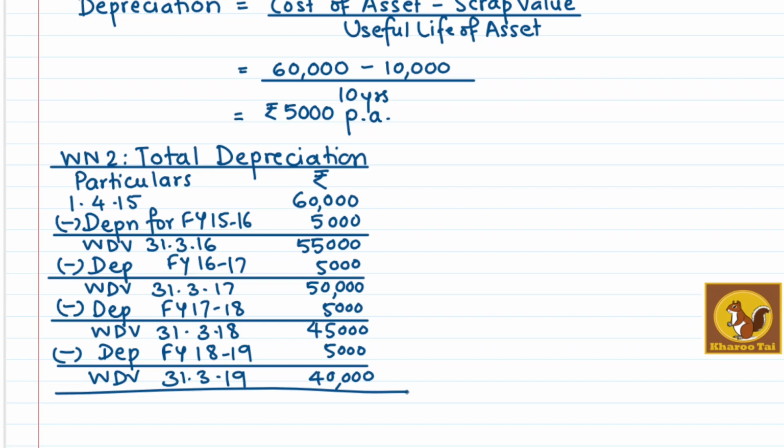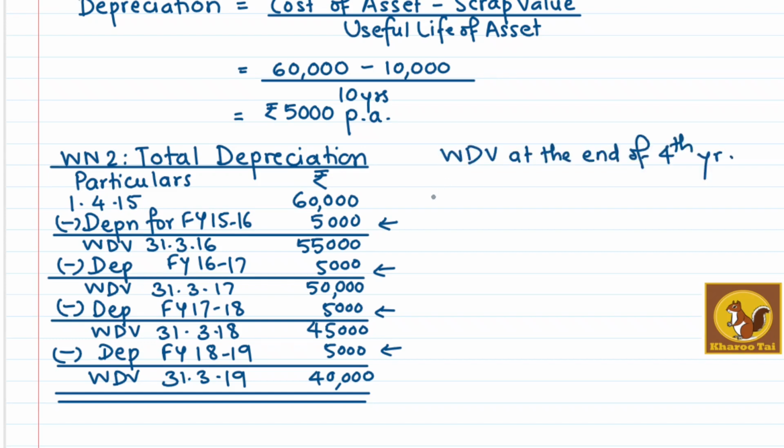So if this is the written down value method or reducing balance method, then you need to do this kind of working. But this is the original cost method, that is the straight line method. You can see that the depreciation amount is the same every year and the asset is only one and it was used for the whole year in all 4 years. So instead of doing this long cut, you can directly go for depreciation. How to calculate WDV at the end of the 4th year: 60,000 minus depreciation per annum into 4 years.